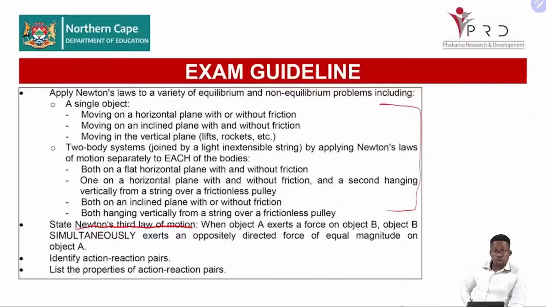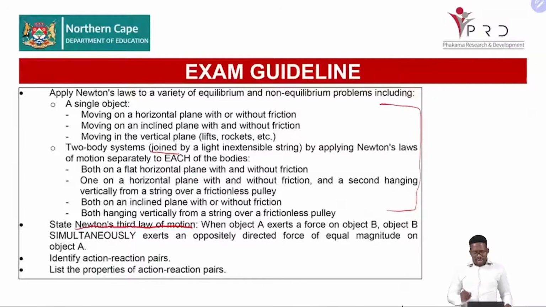The examiner as well can say, I can opt to use a scenario where we are having 2 objects. And these 2 objects, all the time, are joined together by a string, meaning that we're having the presence of tension.